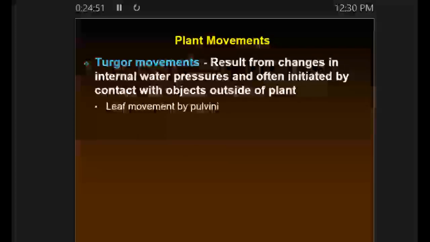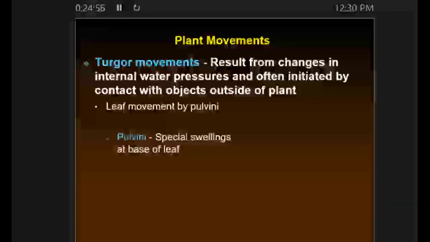And so often what you'll see if you dissect those plants and look carefully, they'll have special areas of tissue that they've named pulvini for plural, or pulvinus, U-S on the end for singular.